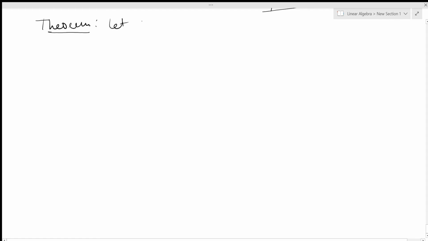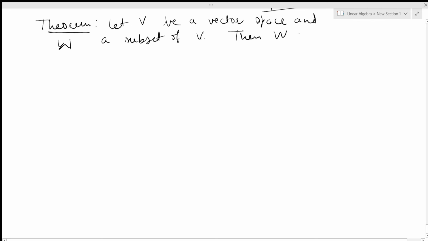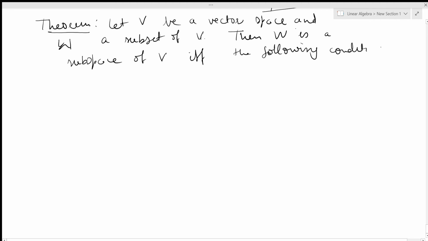Let V be a vector space and W a subset of V. Then W is a subspace of V if and only if the following conditions hold for the operations defined on V.